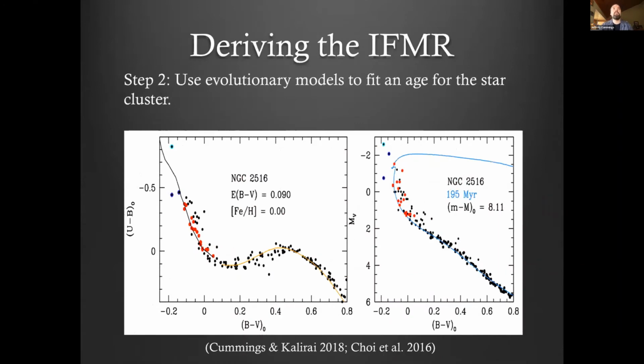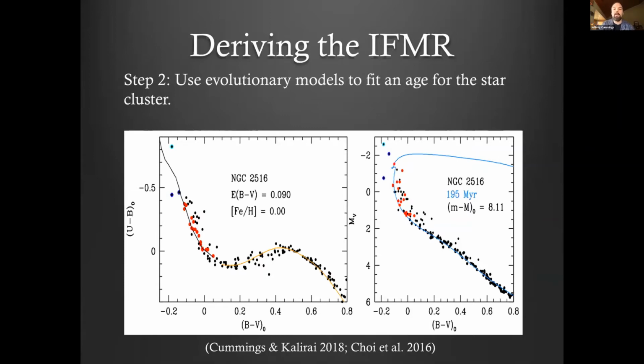Comparing these spectroscopic characteristics to their observed photometric characteristics relative to these star clusters allows us to do thorough membership tests, because we really want these white dwarfs to be members of these star clusters. Once we have this membership, we look at the detailed characteristics of the star clusters themselves. For example, here's NGC 2516.